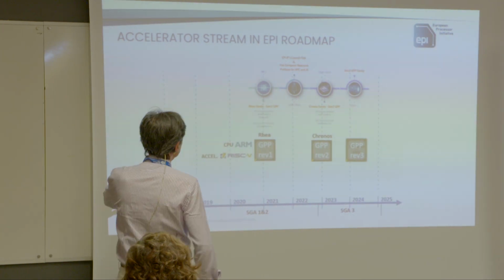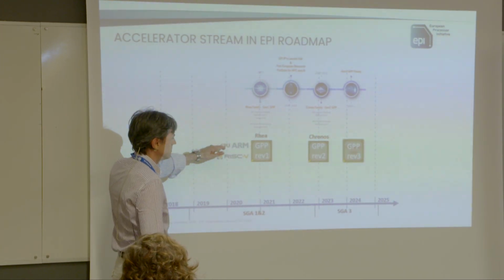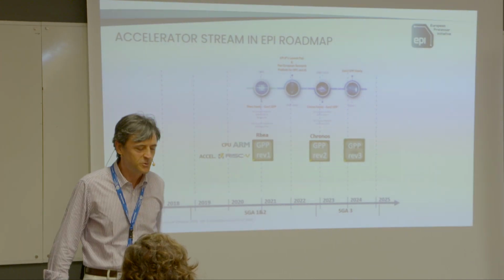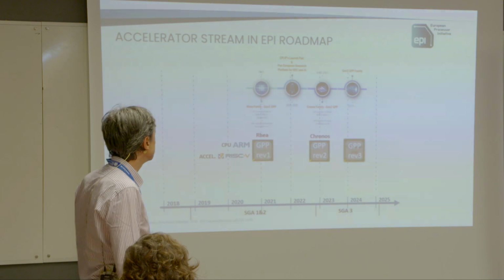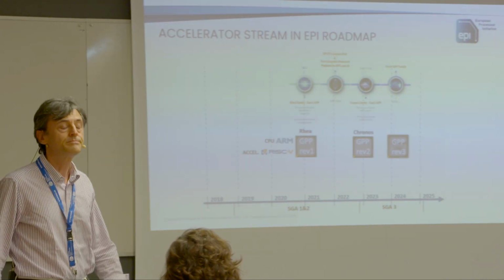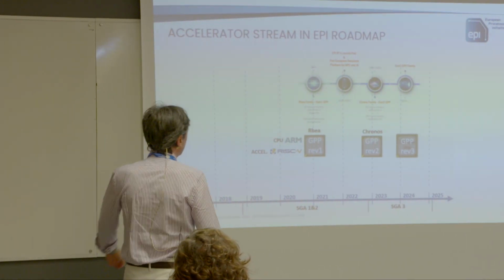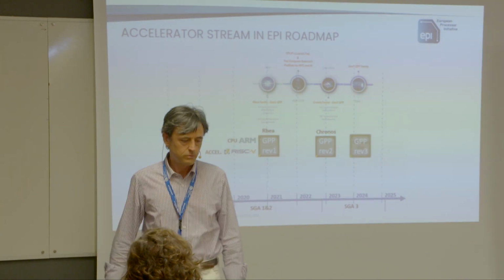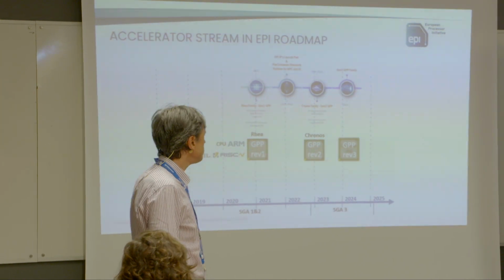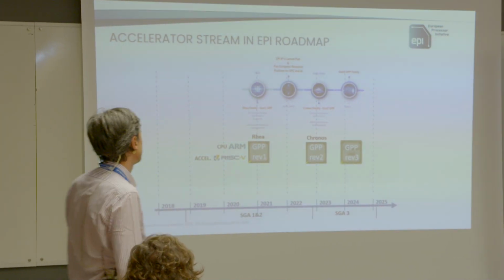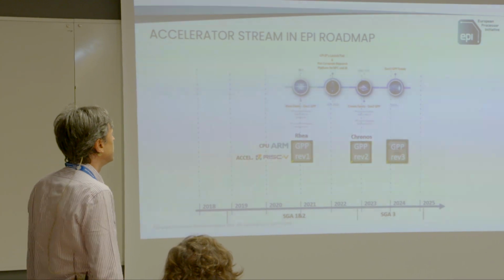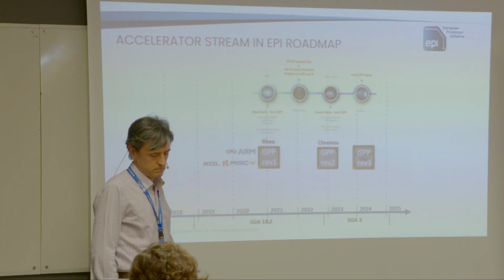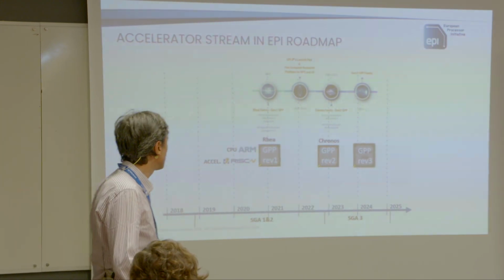And as you see here, it is going to contain general purpose CPU tiles based on ARM technology, ARM instruction set, and the accelerator tile that is based on RISC-V. We are going to get back to RISC-V after a few slides. So it is a heterogeneous architecture, also talking about the instruction set.